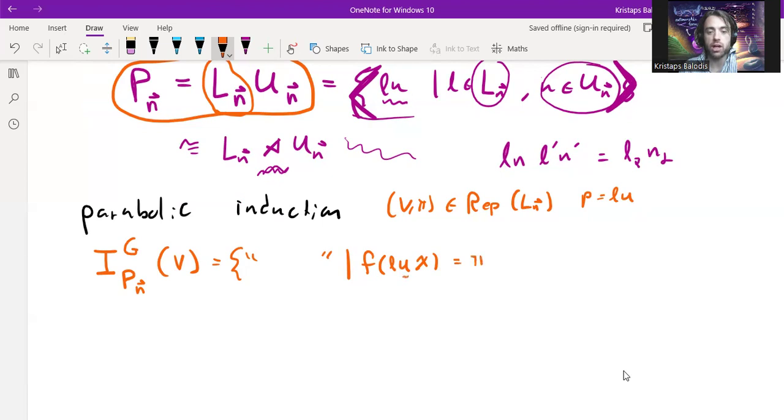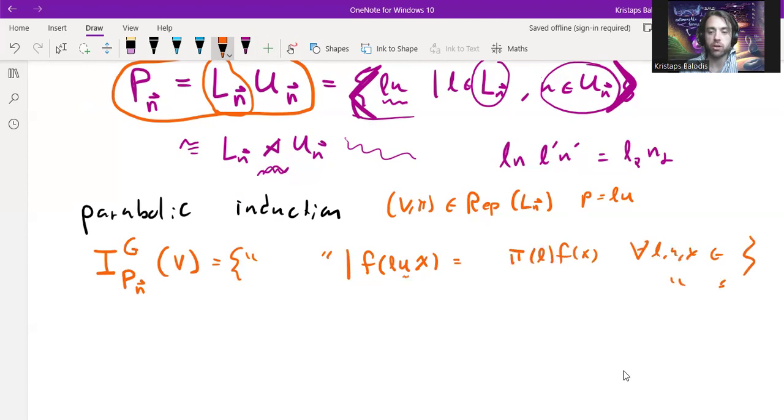So we're still going to have our representation pi_L acting on here, and this will be pi_L f of x, right? For all L, U, x in their appropriate spaces.